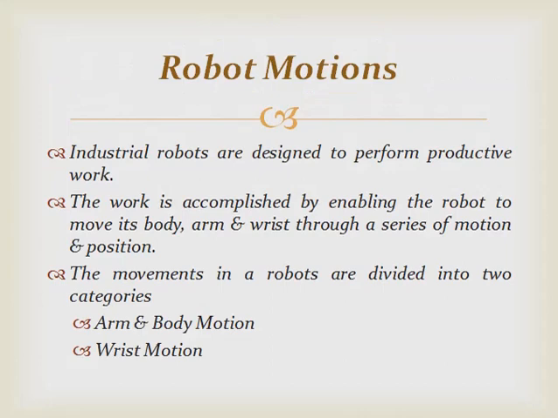Now we'll discuss something about robot motion. Industrial robots are designed to perform productive work. We all know that the industrial robot is mainly designed for the purpose of doing some productive work. The work is accomplished by enabling the robot to move its body, arm and wrist through a series of motions and positions.